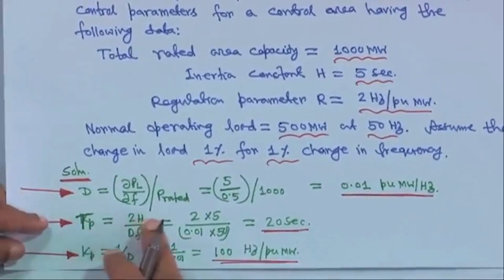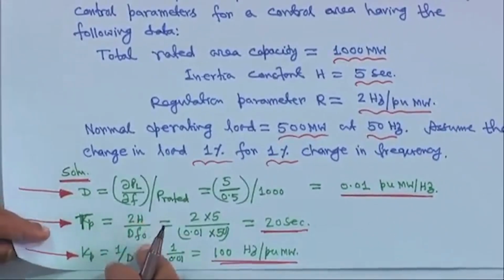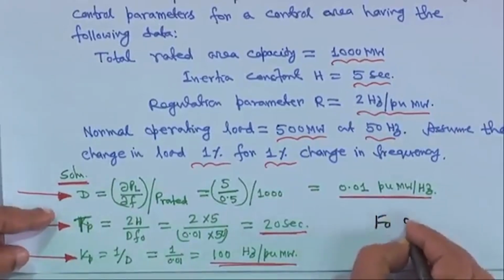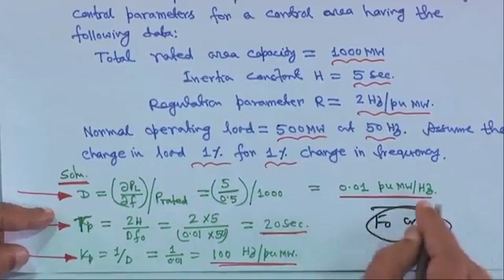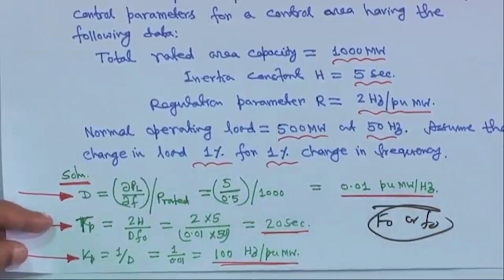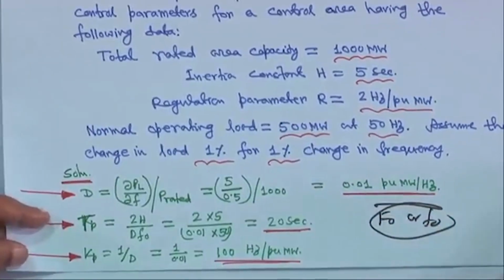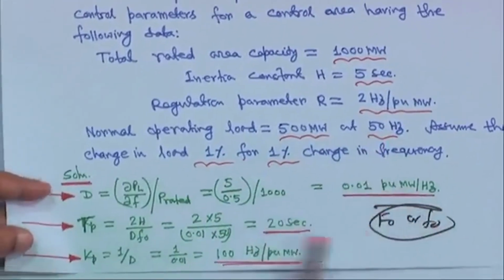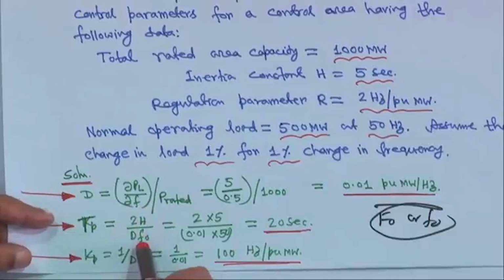And we know Tp is equal to 2H upon D into F0. F0 is the nominal frequency. I told you that capital F0 or small F0, they are the same, right? In most cases I have made it capital F0, but it doesn't matter. So the operating frequency F0 is 50 hertz. Therefore Tp is equal to 2H upon D F0.